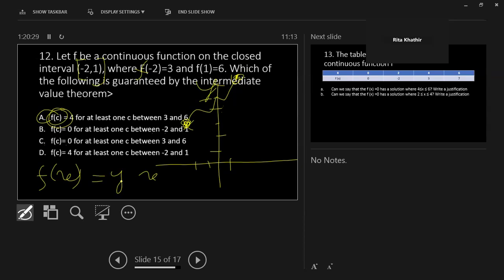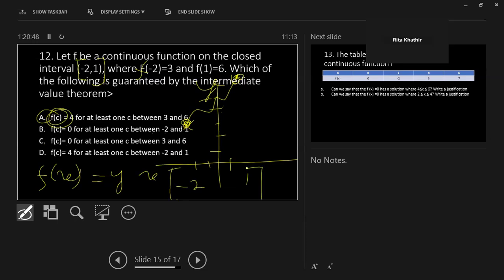In this interval, at C between 3 and 6? Of course, it is out of this because we have only -2 till 1.